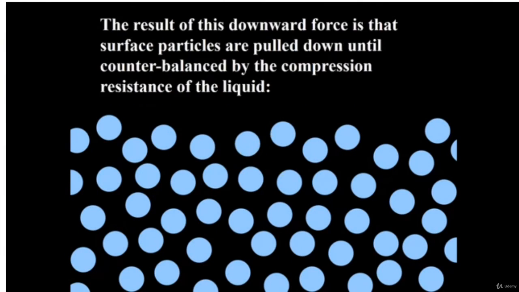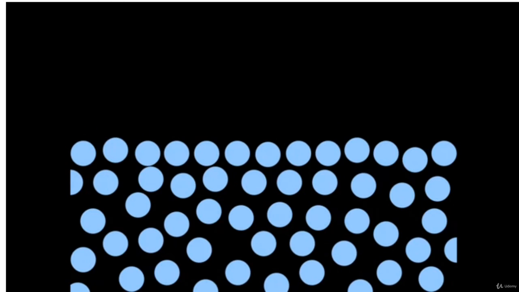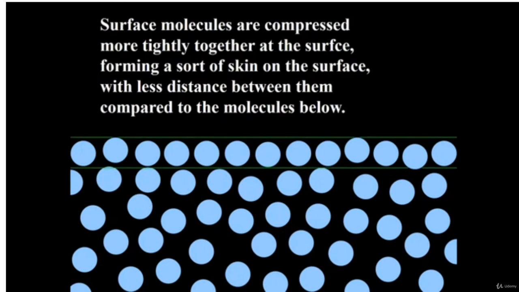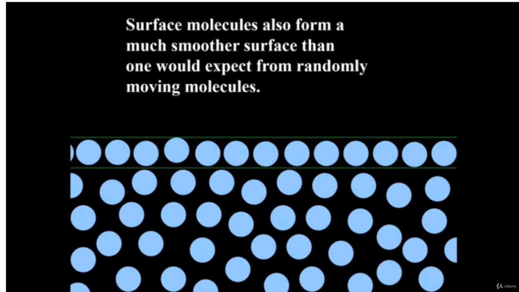The result of this downward force is that surface particles are pulled down until counterbalanced by the compression resistance of the liquid. Surface molecules are compressed more tightly together at the surface, forming a sort of skin with less distance between them compared to the molecules below them. Surface molecules also form a much smoother surface than one would expect from randomly moving molecules.